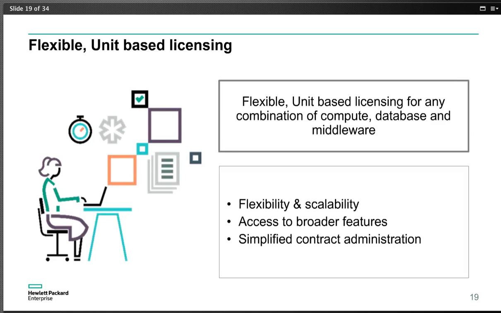We want to leave the decision on where to use this to the customer itself. So we are going to entitle DCA on a set of abstract units, which can then be consumed by the customer in whatever infrastructure tier they deem fit.